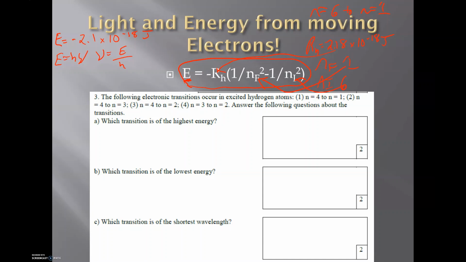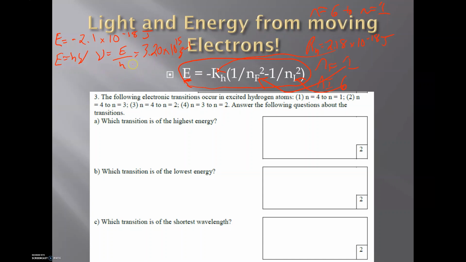So I'm going to take the energy and divide that by 6.626 times 10 to the negative 34. Do not worry about the negative sign. The negative sign just tells you that it's exothermic. We don't need to worry about keeping that negative sign here. So I get 3.20 times 10 to the 15th. Not negative, but 10 to the 15th. And it's in reciprocal seconds.